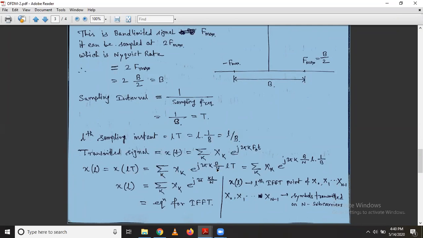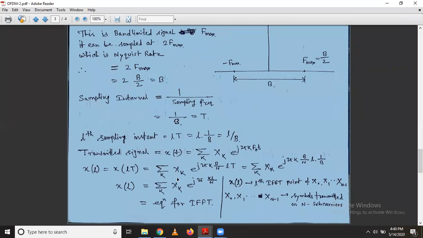F naught is B by N. Cancel out all the things: K into L by N. This signal now looks like your IFFT, inverse fast Fourier transform. Definitely this is discrete because the summation symbol is there. Definitely this is a discrete signal. This is the inverse FFT, inverse fast Fourier transform.